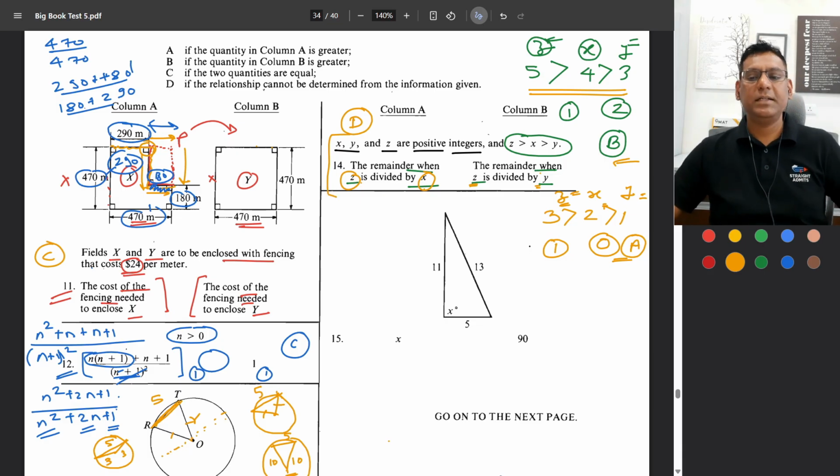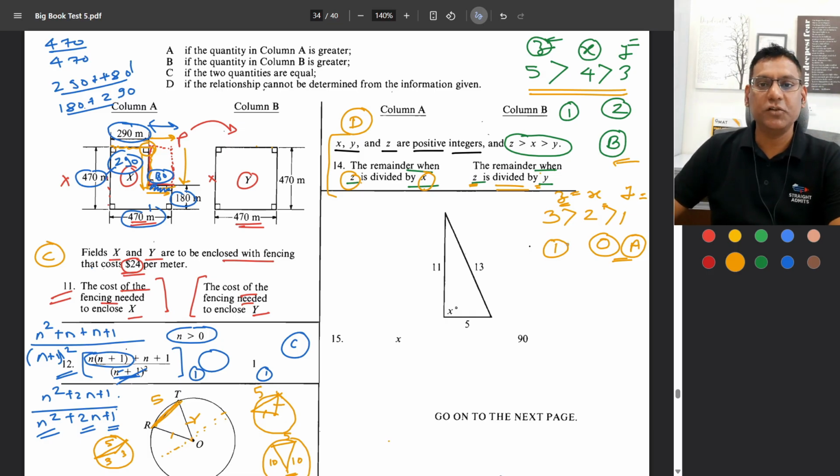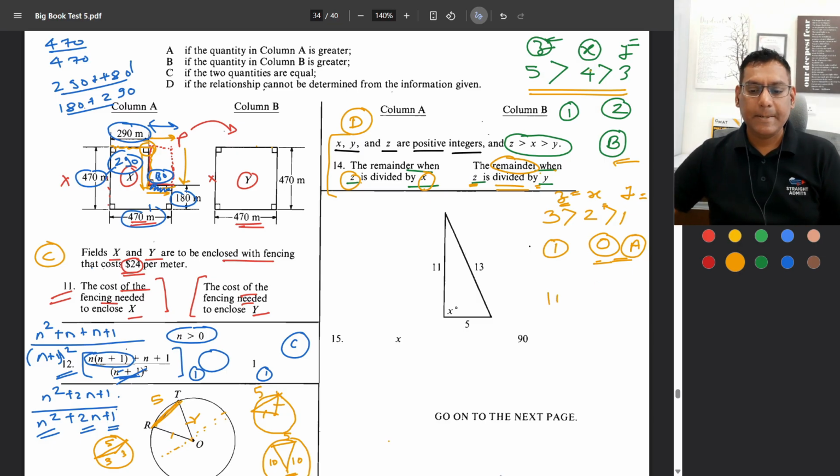You need to understand that this remainder can be 0, and like I always keep saying, check for 0 situations, check for negative situations, like that. So if you check for that, you will get it. But to spot that the remainder could be 0, that's the trick. If you take any other numbers, let's say 100, 99, 97, the remainder is going to be 1, the remainder is going to be 3, something like that.